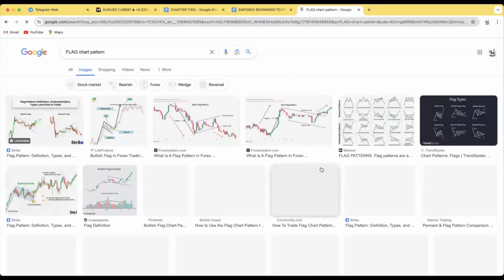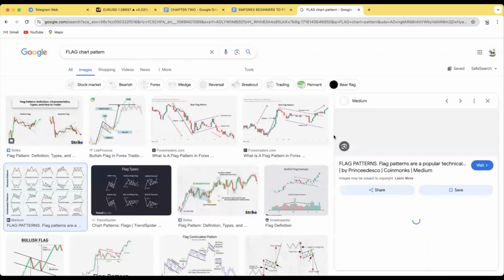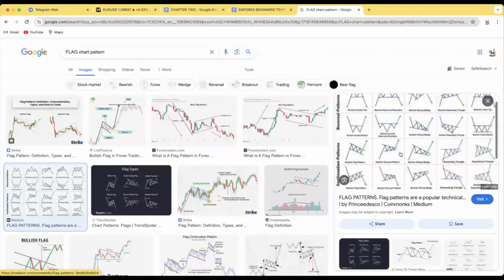Okay, so I also sent a chart pattern booklet to the group so that you all can have a copy.